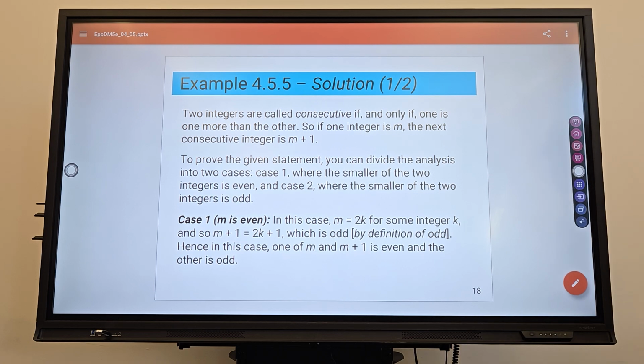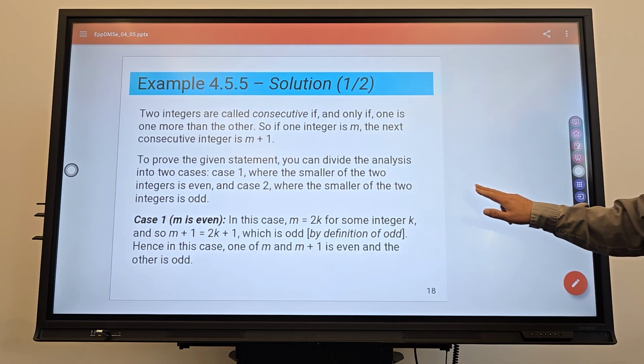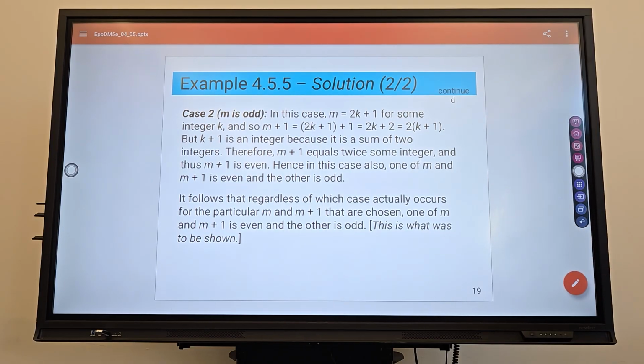Case 1, m equals 2k for some integer k, and so m plus 1 equals 2k plus 1, which is odd by the definition of odd. So in this case, one of m and m plus 1 is even and the other is odd. Case 2 is the same type of thing, with a little bit of the distributive law in there.